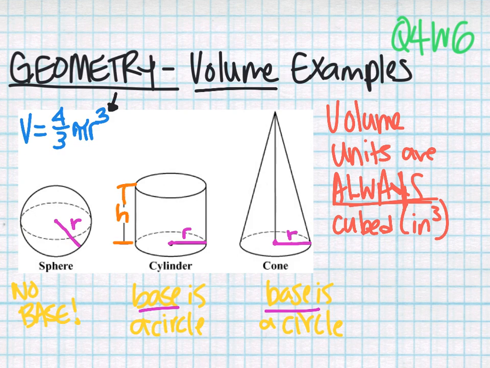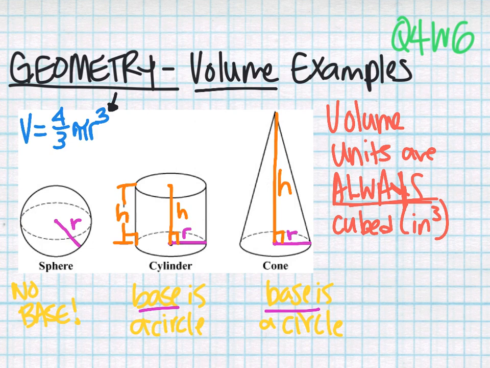This line right here represents the height. Our cone also has height. And each of these make a 90-degree angle with the base. Sometimes on a cylinder you'll see height drawn right here, right in the middle of the cylinder. That should be the same length as the height drawn on the outside. Otherwise we did something wrong.